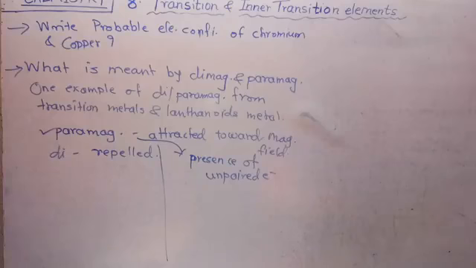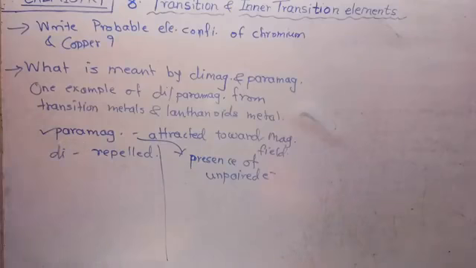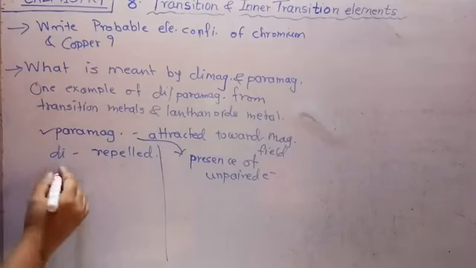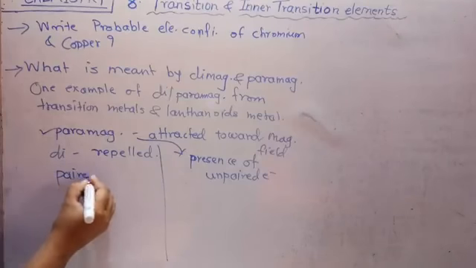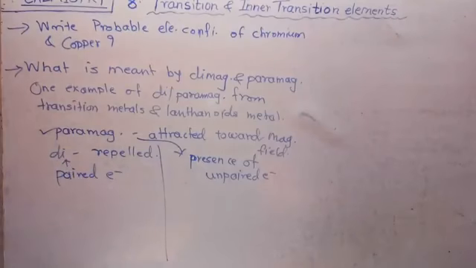If unpaired electrons are present, then you say that metal is paramagnetic in nature. While if all electron spins are paired, then you say the compounds are diamagnetic in nature. You just explain diamagnetic and paramagnetic, and then write the one example from transition metals and lanthanoid metals.